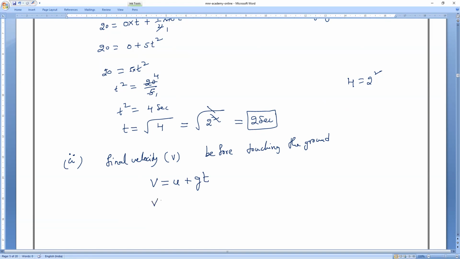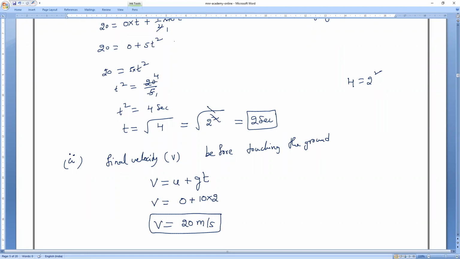Initial velocity is 0, g is 10, t is 2. So v is equal to 0 plus 10 into 2, which is 20 meter per second. So the stone will hit the ground with a velocity of 20 meter per second. That is what you have to remember.